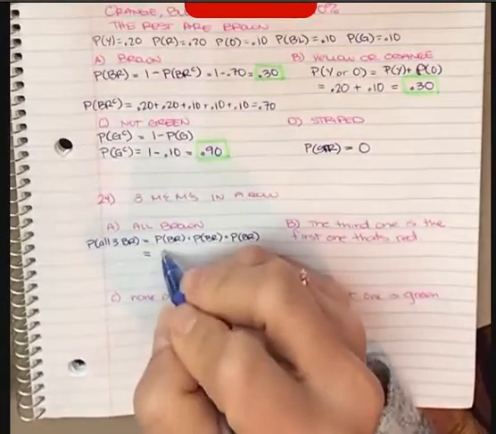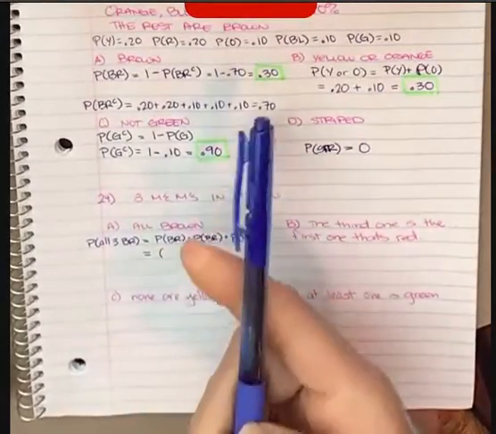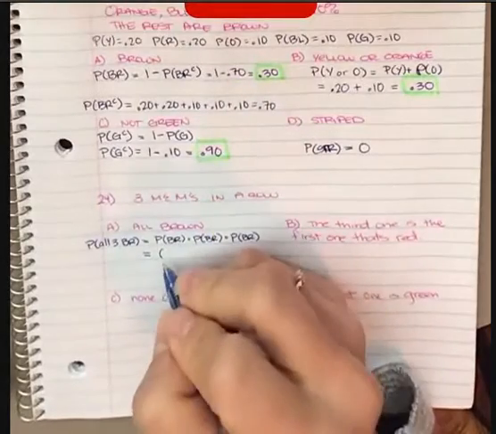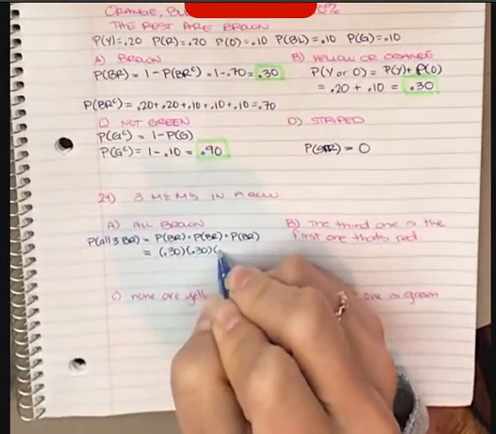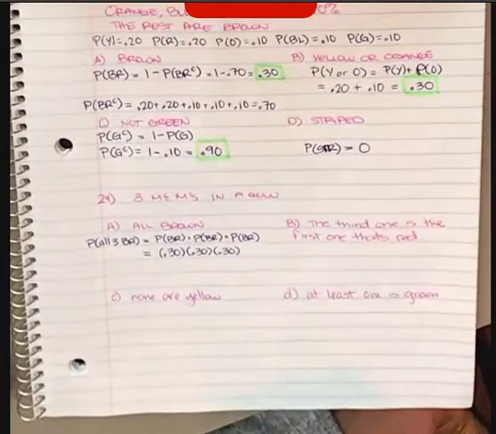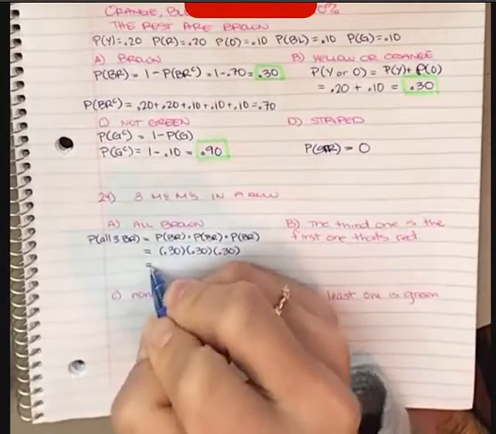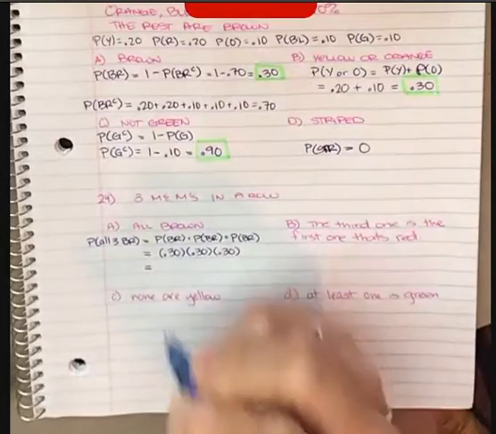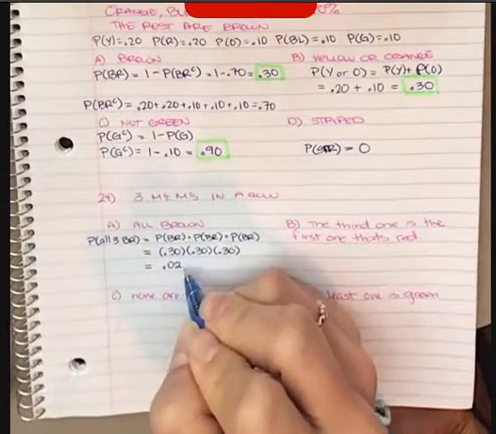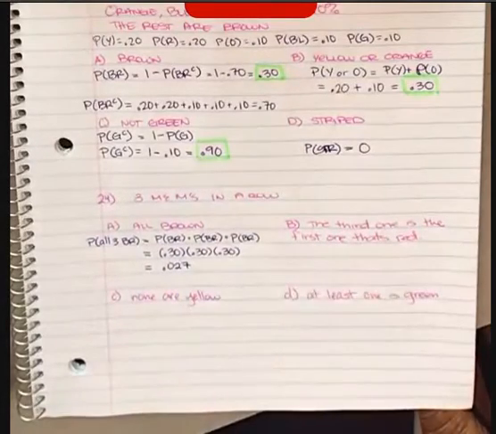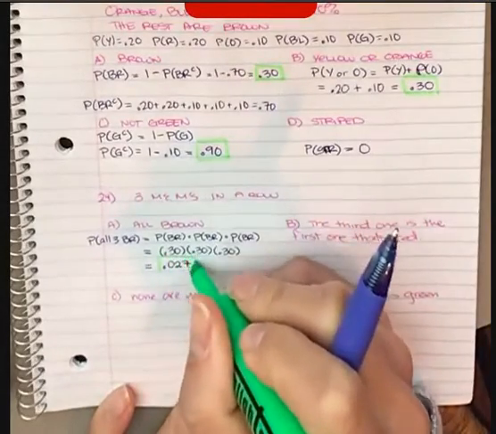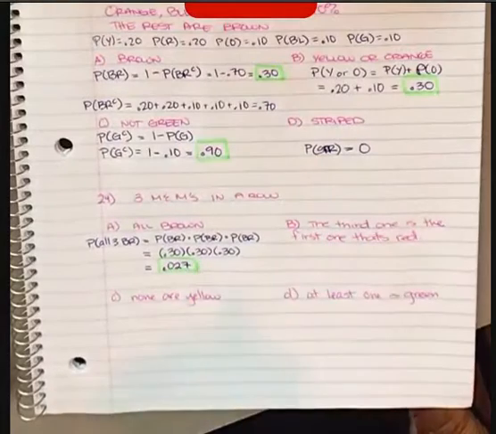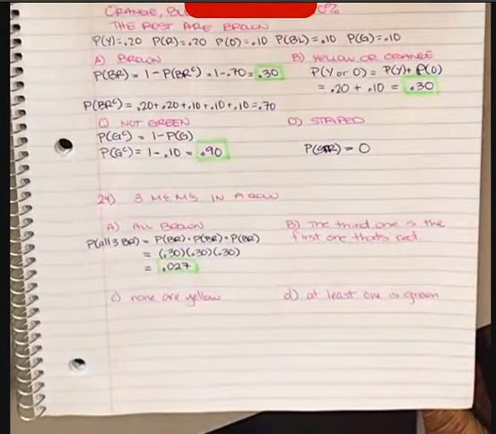The probability of brown, remember from what I found up here, was 0.30, times 0.30 times 0.30. When I multiply all of those together, it ends up being 0.027. So it's a pretty low probability, about between 2 and 3%, that I pull 3 browns in a row.